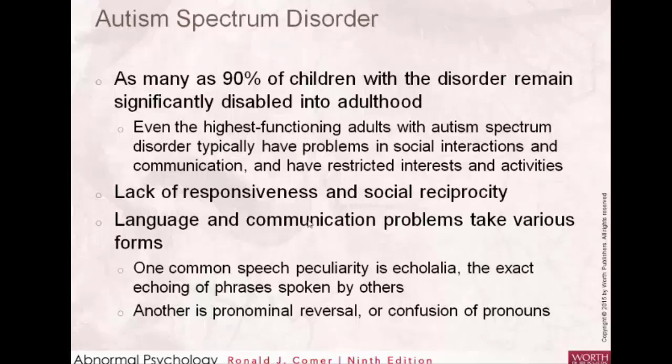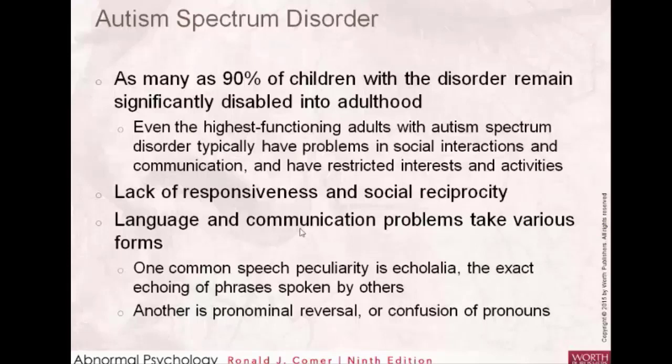One thing that we see is oftentimes language and communication problems. This can take a number of different forms, but it also is on a range of severity. There may be some individuals who have autism spectrum disorder who have very few symptoms related to communication, and those may be mostly social in nature.